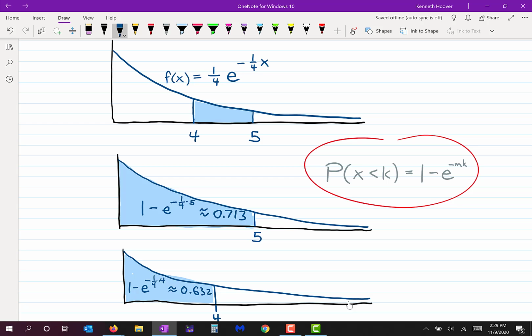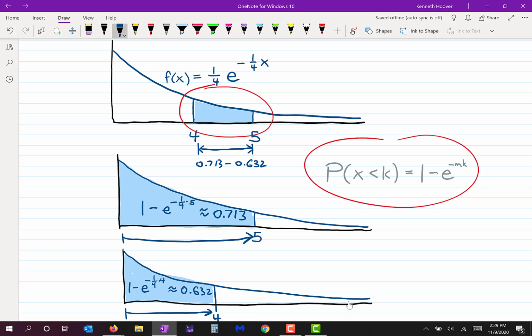So, what would be this area? Well, if the area from here to here is 0.713, and the area from here to here is 0.632, then the area between 4 and 5 would be 0.713 minus 0.632. And what's that come out to be? Let's just calculate that.